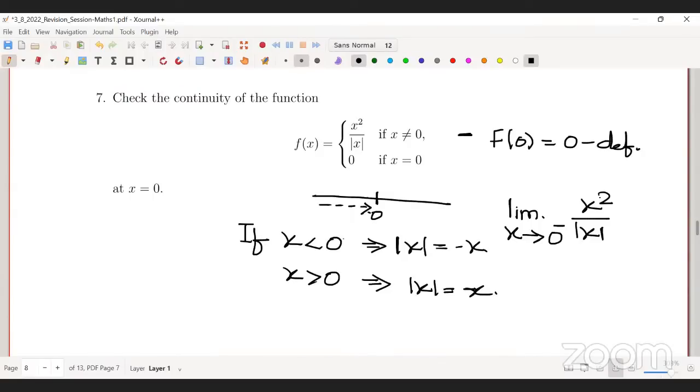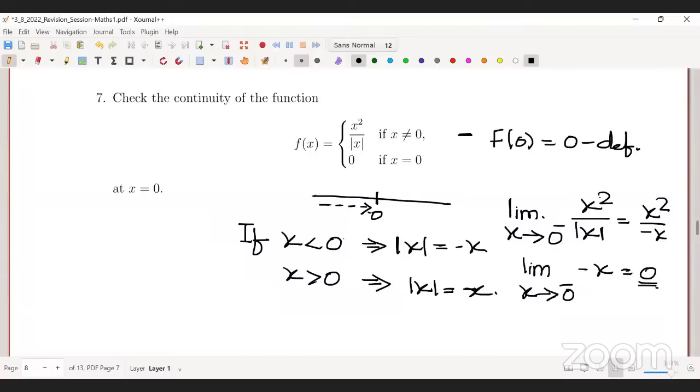That means mod of x is minus x. So what is the limit of minus x as x tends to 0? It will be 0. So this is the left hand limit.